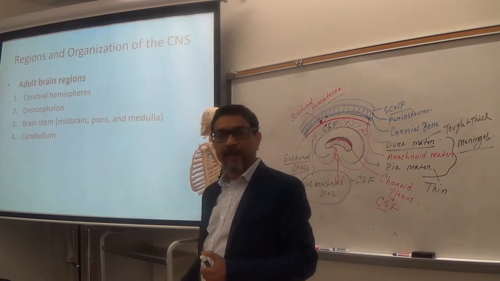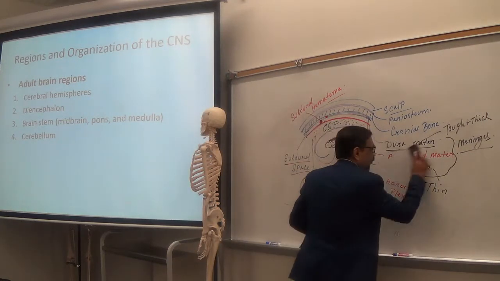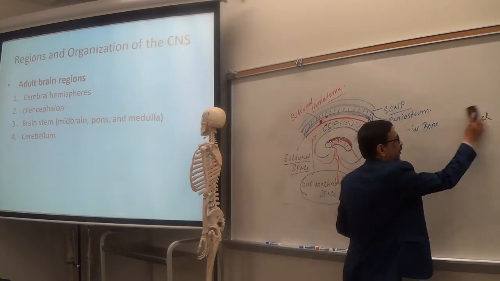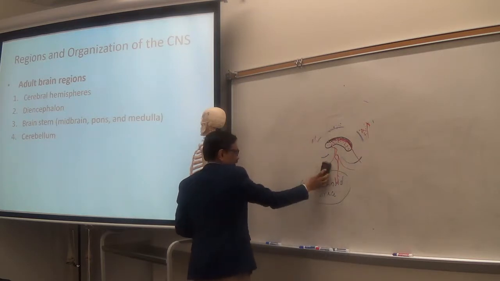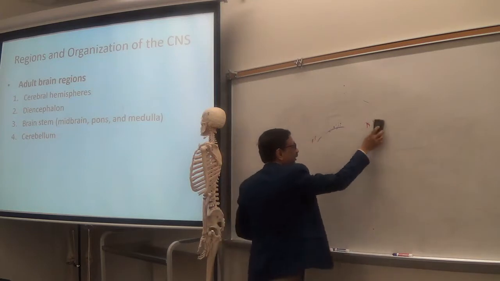Parts of a brain. We can divide the brain in different ways. One is by looking at the development of the brain.